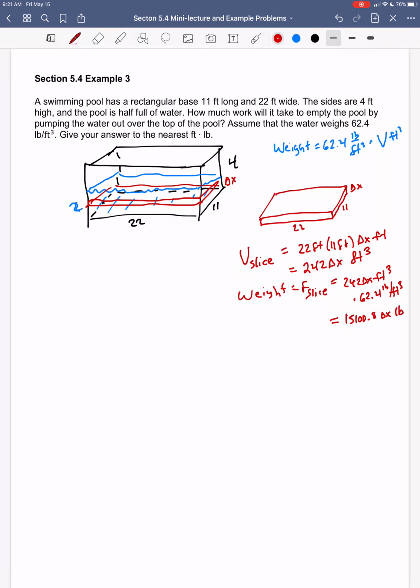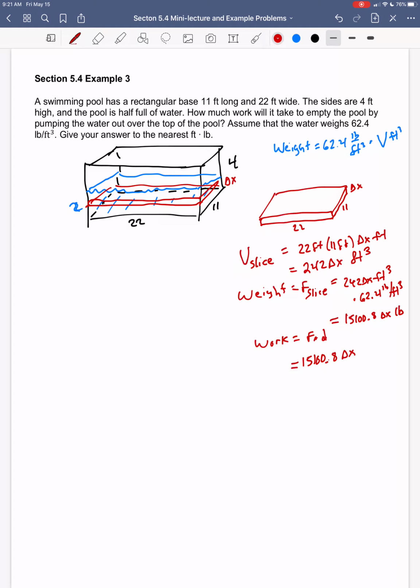And now what's the work going to be? Work is force times distance. So the force is this 15,100.8 delta x.